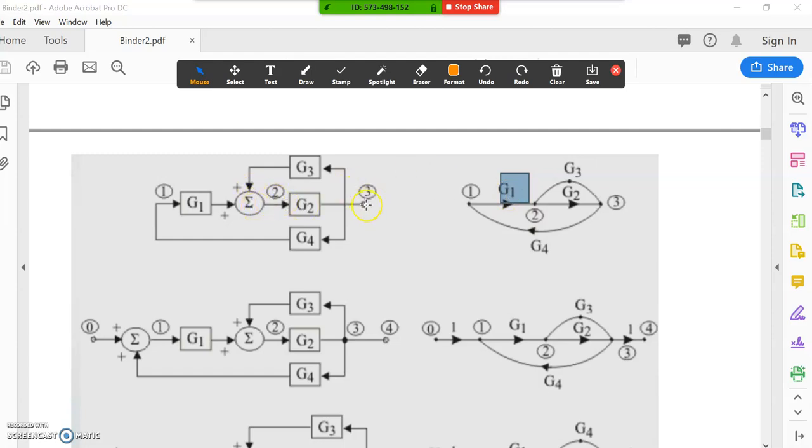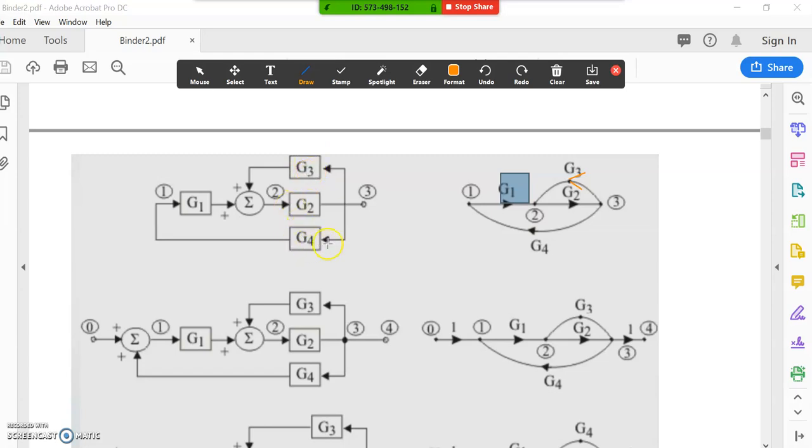Similarly, from 2 to 3 there is a signal going from 2 to 3. So we draw a straight line with the arrow in the direction from 2 to 3, and it gets multiplied by a gain of G2. Whereas here there is a signal going from 3 to 2, so the arrow should be in that direction, and the gain will be G3.